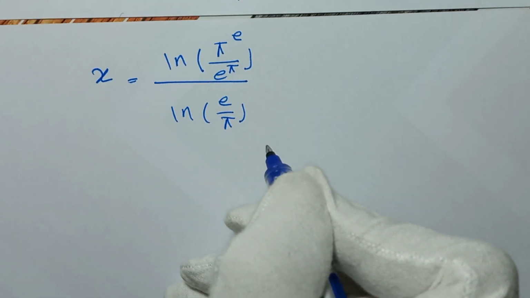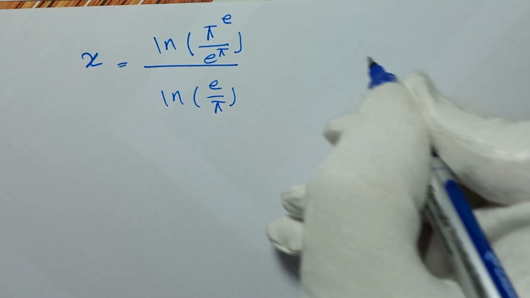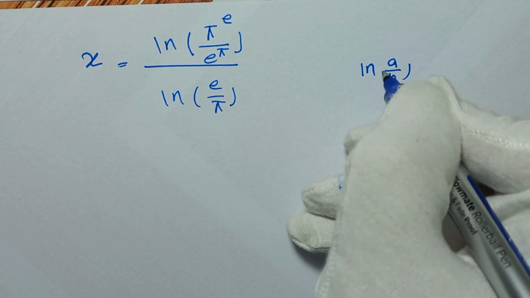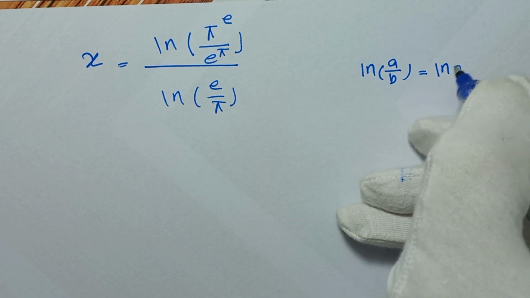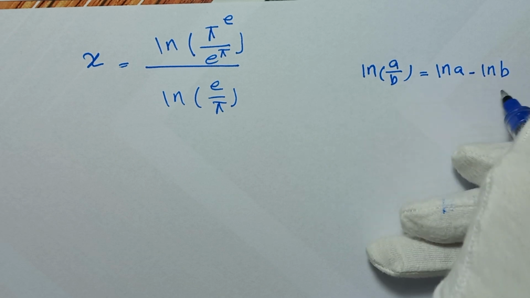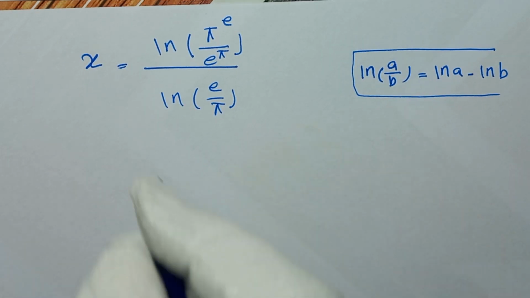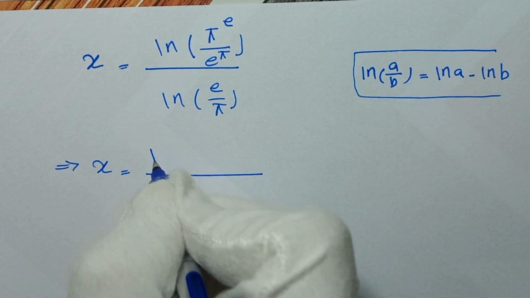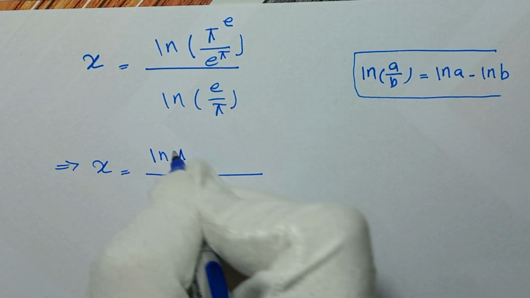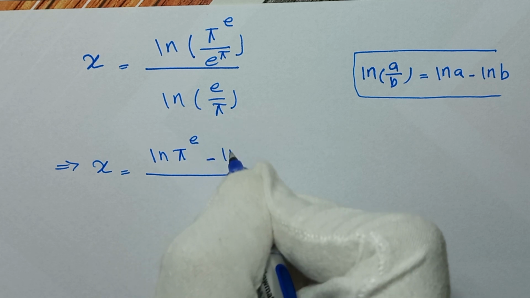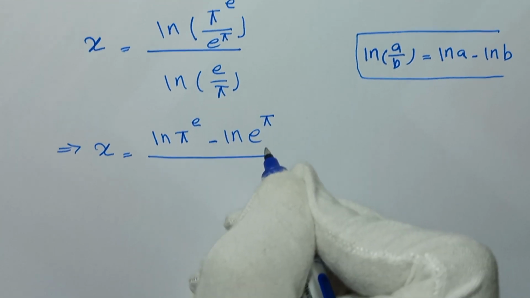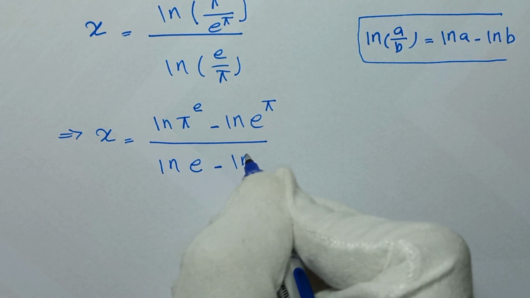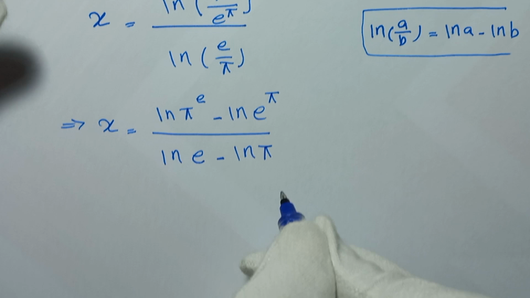And as you know from log rules, if we have ln of a over b, this equals ln of a minus ln of b. So in here we can write x equals ln of pi to the power of e minus ln of e to the power of pi, over ln of e minus ln of pi.